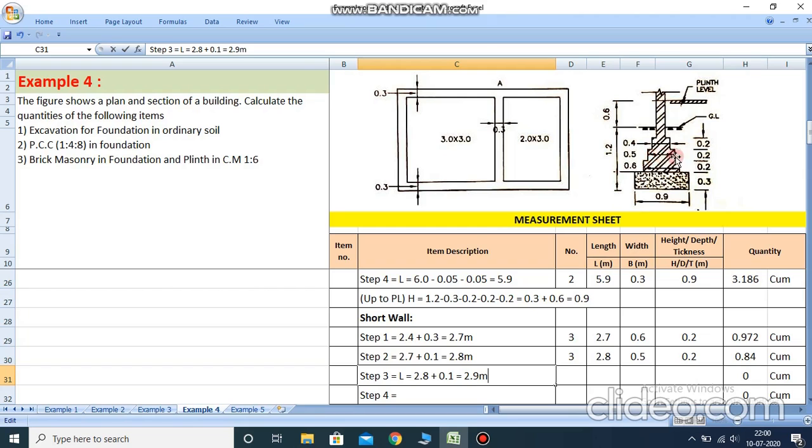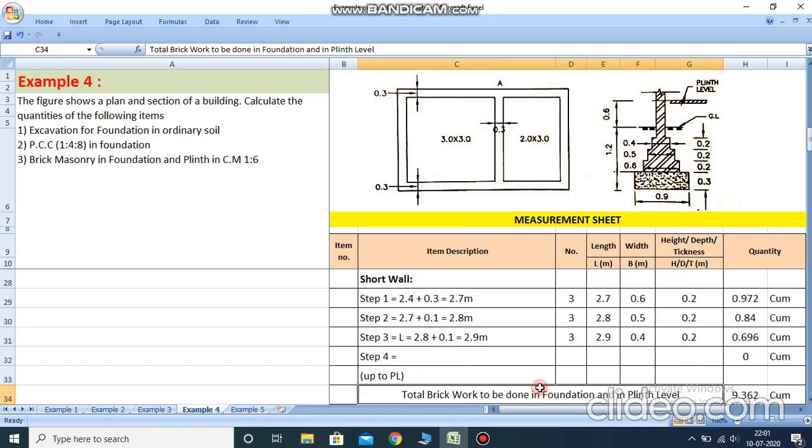Clear? Now we put the number as 3 because there are 3 short walls. The length is already calculated, 2.9 meter. The width is 0.4 for the third step, and the thickness we calculated is 0.2. So the total quantity is the multiplication of all these.